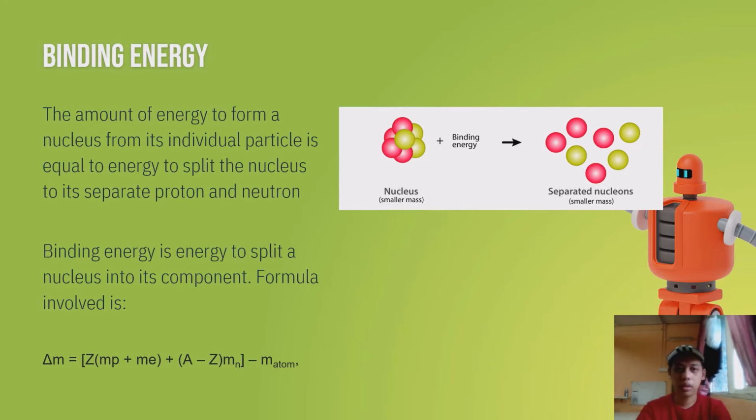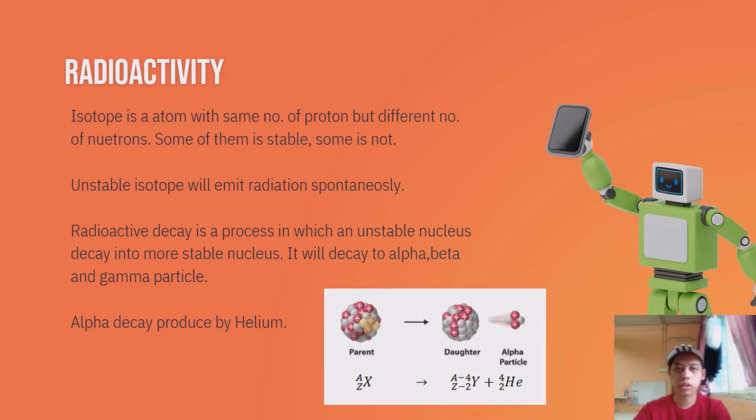Okay, next we're going to the radioactivity. So an isotope is an atom with the same number of protons but a different number of neutrons, and some of them are stable and some of them are not.